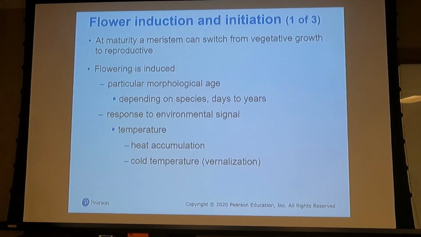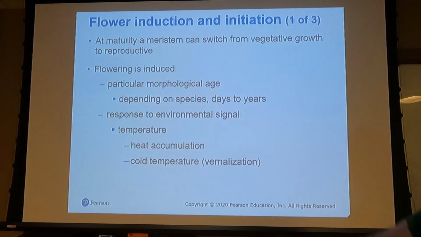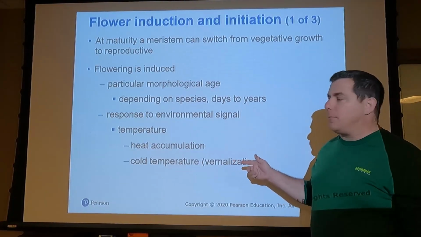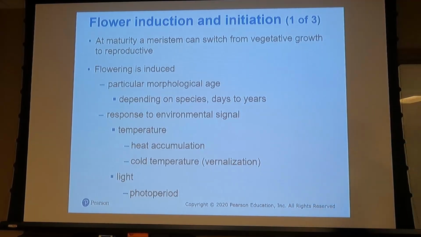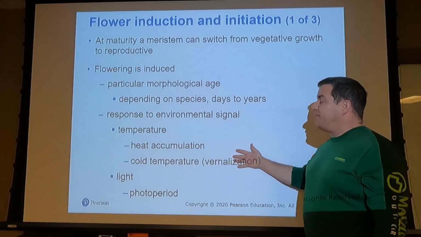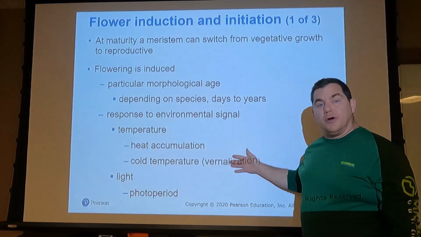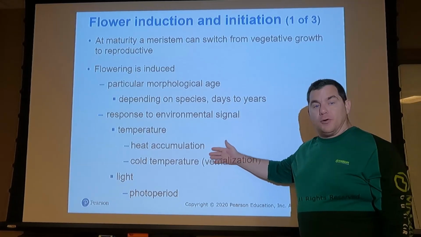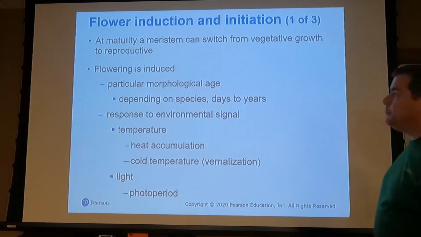For instance, temperature. We have growing degree days, or maybe we need that vernalization that I was talking about. And then light. So here we are back again with our environmental factors that are going to trigger the change between juvenility and maturity.